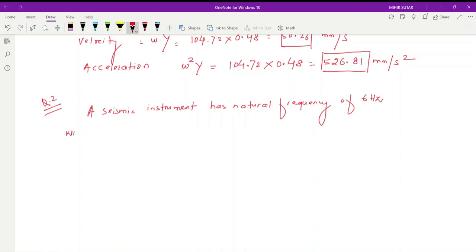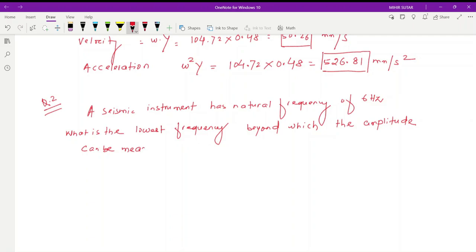What is the lowest frequency beyond which the amplitude can be measured within 2% error?